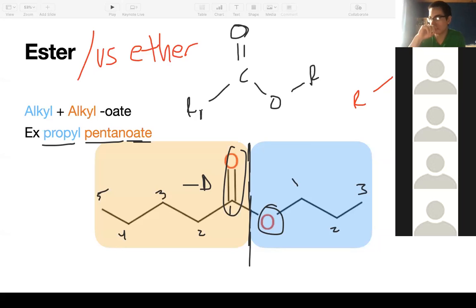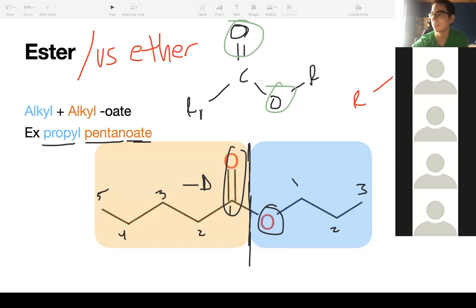I like to remember it with this special little way. So an ester has two oxygens. So we could kind of name it like, this oxygen right here is named Esther. And Esther is a nice name, so she has another oxygen friend.